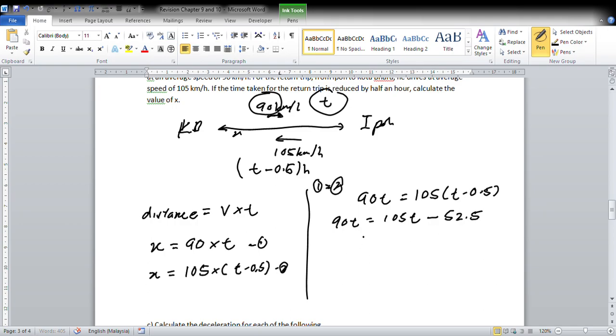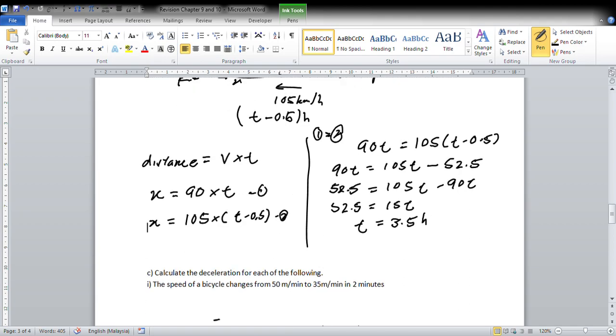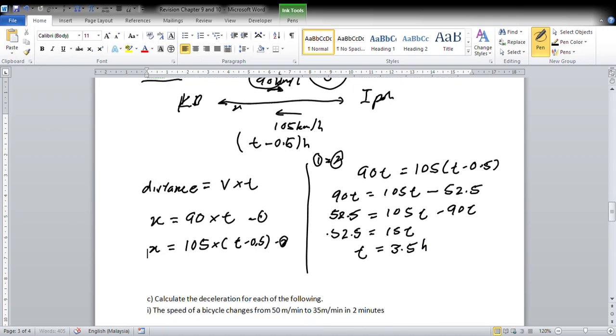Next, solving the equation. I bring this over, so you have a smaller value here, 15t. So t will be 52.5 divided by 15, so the time is 3.5 hours. Then to calculate x, very easy, because the question asks for the value of the distance x.